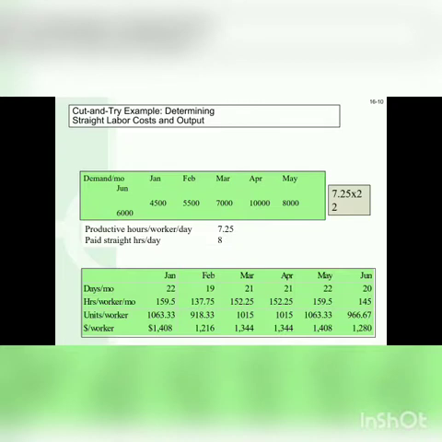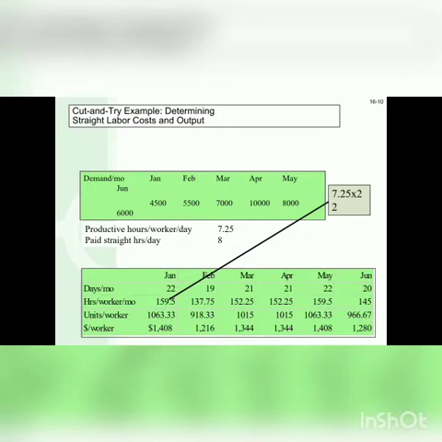So the total time available with us will be 7.25 into 22 for January. If we multiply this, it will be 159.5. So 7.25 into 22 is 159.5.